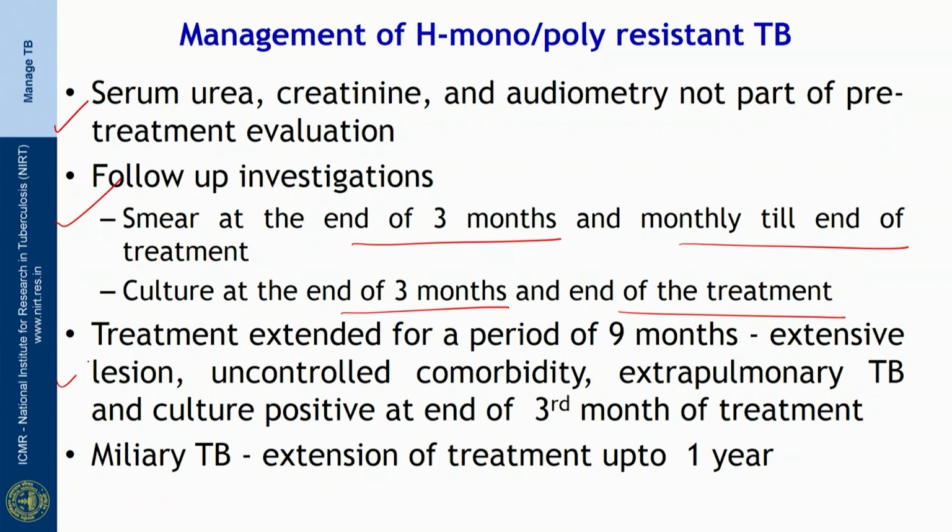The treatment may be extended from a 6-month period to a period of 9 months if there is extensive lesion, uncontrolled comorbidity, extrapulmonary TB, and if the patient is culture positive at the end of third month of treatment. In case of miliary TB, an extension of treatment up to 1 year is warranted.